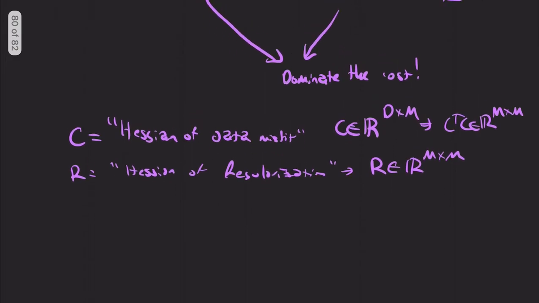So let's see what the cost is. Basically, I just want to motivate in this video why we can't store the Hessian, which is why we want to use iterative methods here.